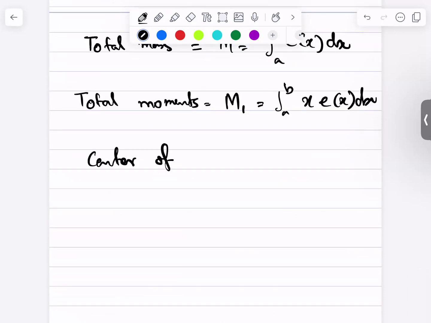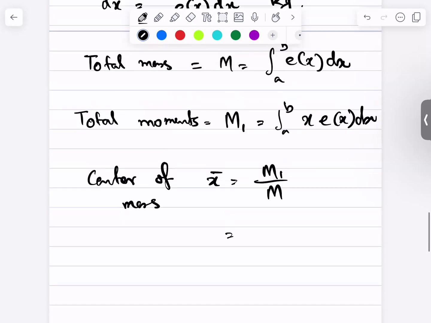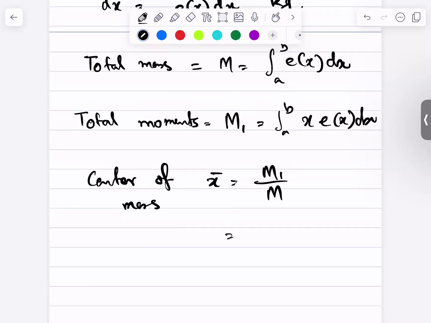So center of mass x bar will be m1 over m, which is just the integral from a to b of x rho x dx over the integral from a to b of rho x dx. That's it.